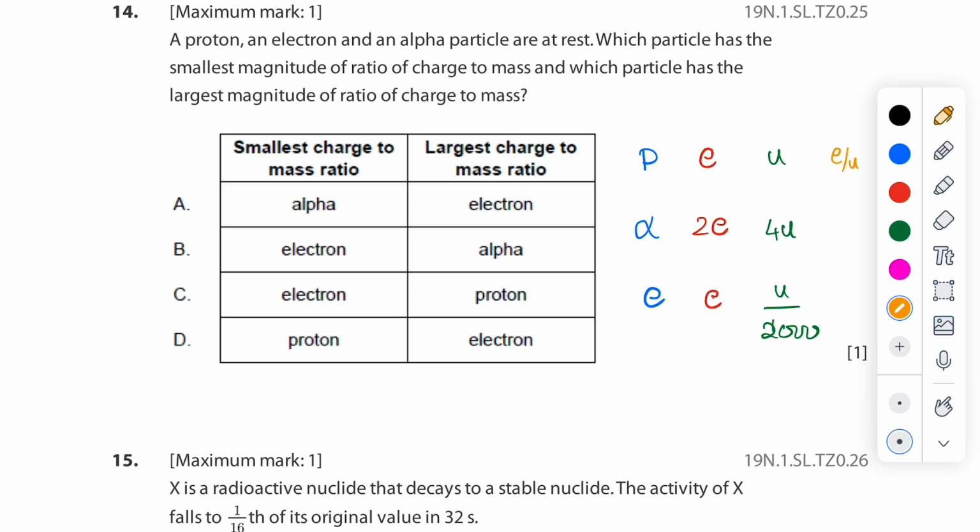For the alpha particle it will be 1 upon 2 e upon u, and for the electron it will be 2000 times e upon u. So which one is the largest one? We can see that the electron is the largest. And which one is the smallest? The alpha particle. So smallest is alpha and the largest is electron.